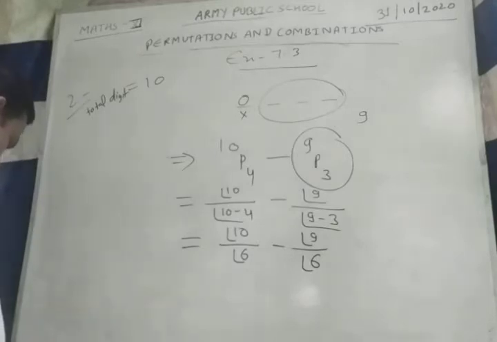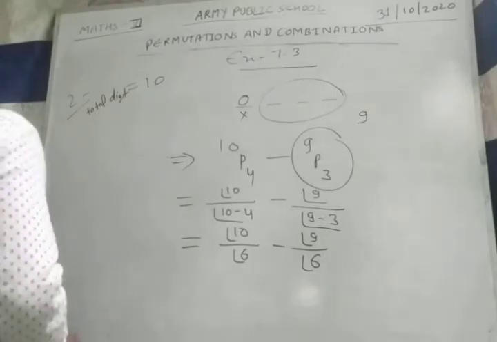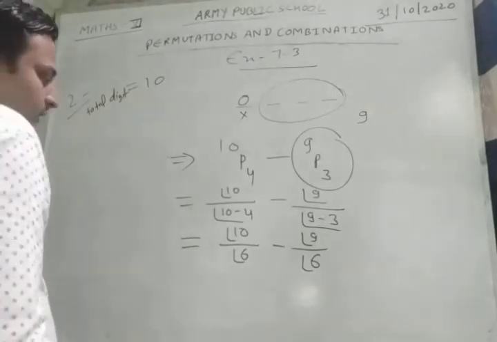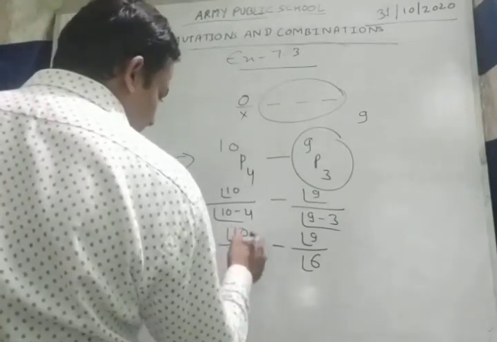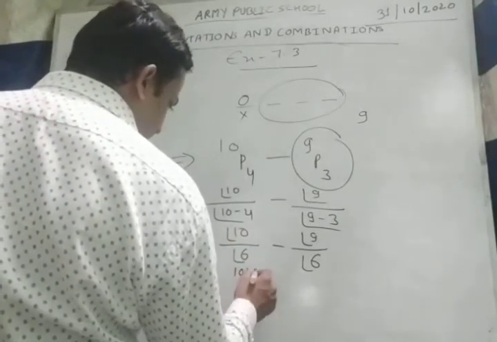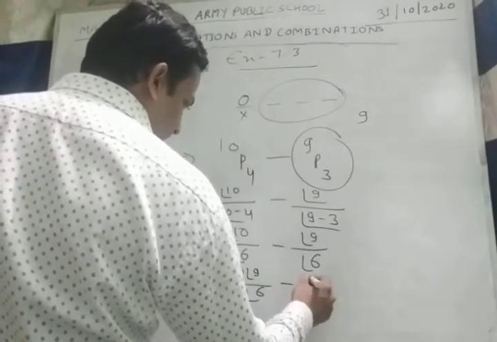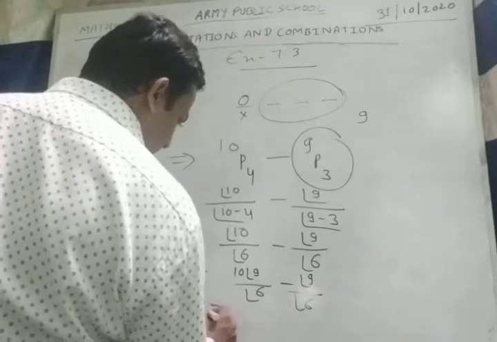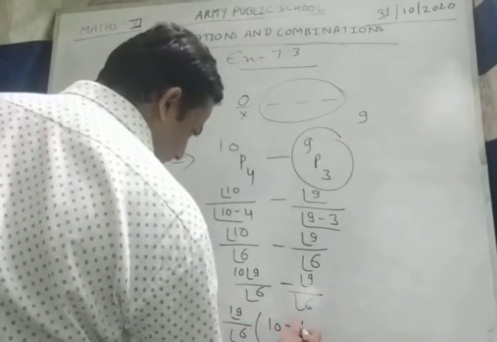Okay, now we will solve it. What we get after solving, we can write this 10 into factorial 9 by factorial 6 minus factorial 9 by factorial 6. Taking factorial 9 by factorial 6 outside, we get 10 minus 1.